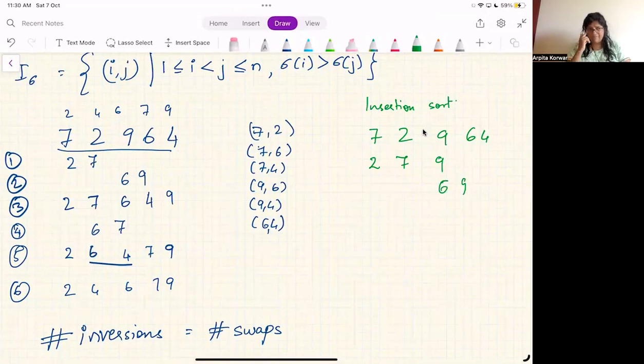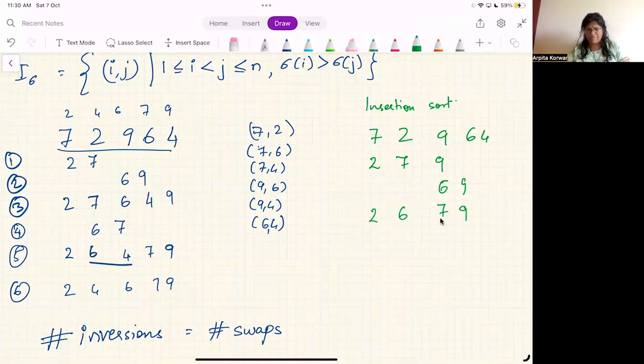That's what I mean: instead of just shifting, we're going to do swaps. It won't change the time complexity. Just think about it. For shifting, you will need some constant time, and for swapping, you will need some other constant time. Again, 6 and 7, we will swap: 2, 6, 7, 9. So we are keeping it like this.